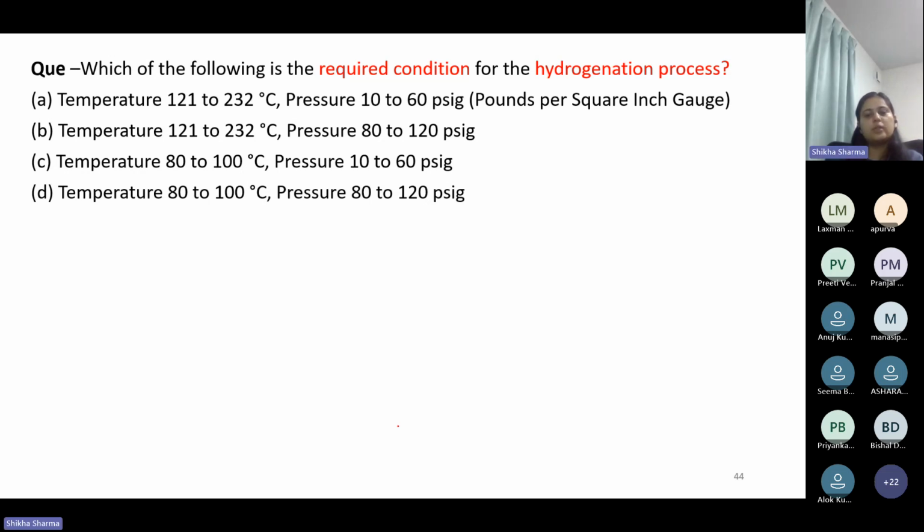What is the hydrogenation process? Please, can anyone help? What is hydrogenation of oil?